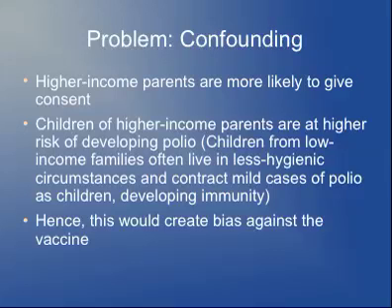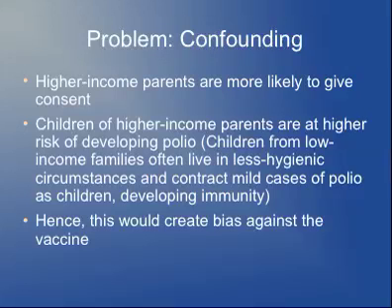It's believed that's the result of lower income children often growing up in somewhat unsanitary conditions. As a result, they end up acquiring mild cases of polio at a very young age, so then they develop immunity and don't develop more severe forms of polio when they're older.